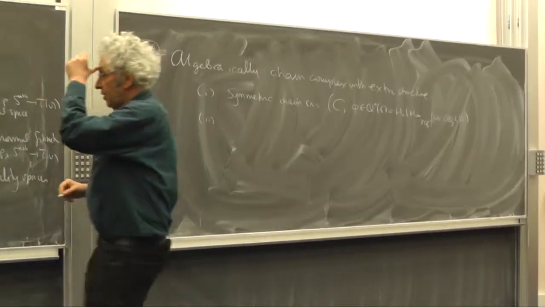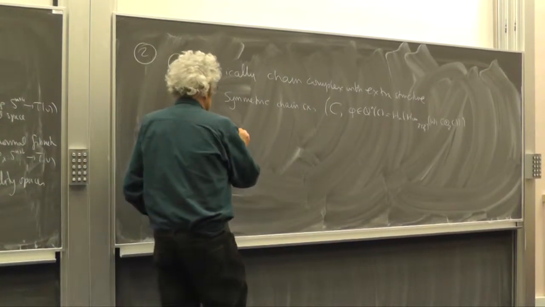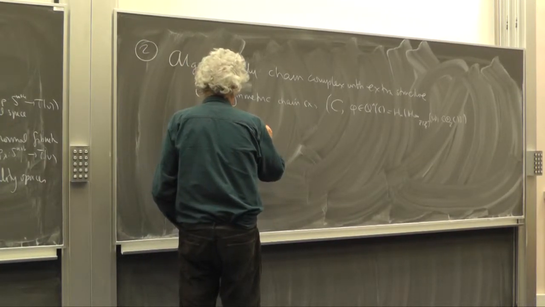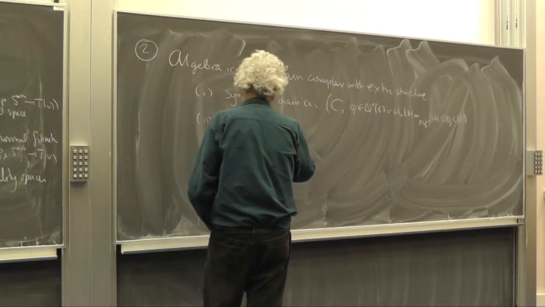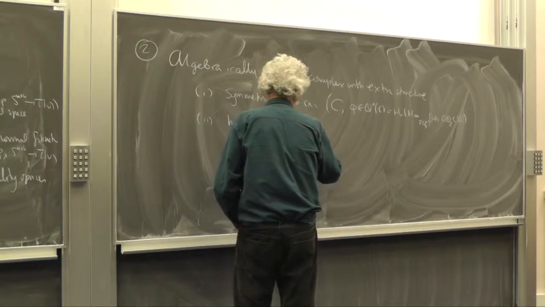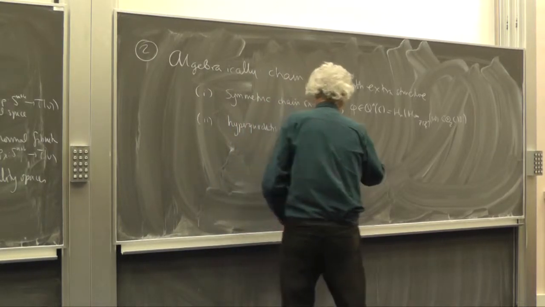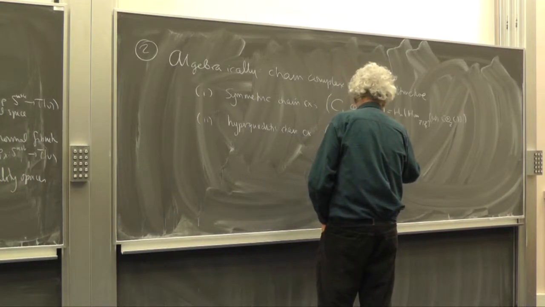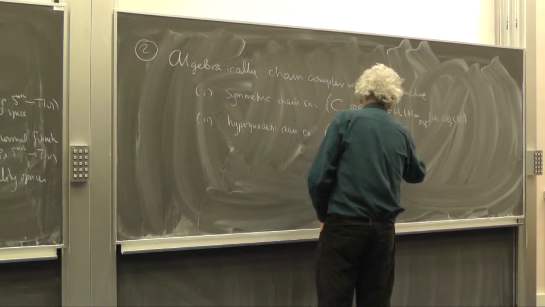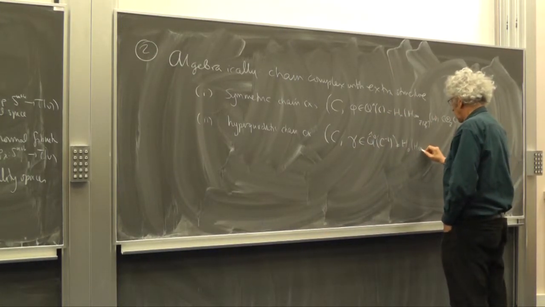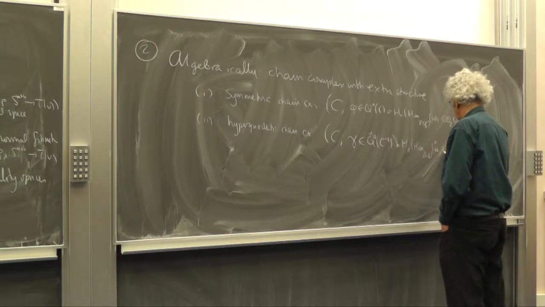2 was spherical fibrations. So this is going to be hyperquadratic chain complexes. So this group looks like this, using the complete Tate cohomology.